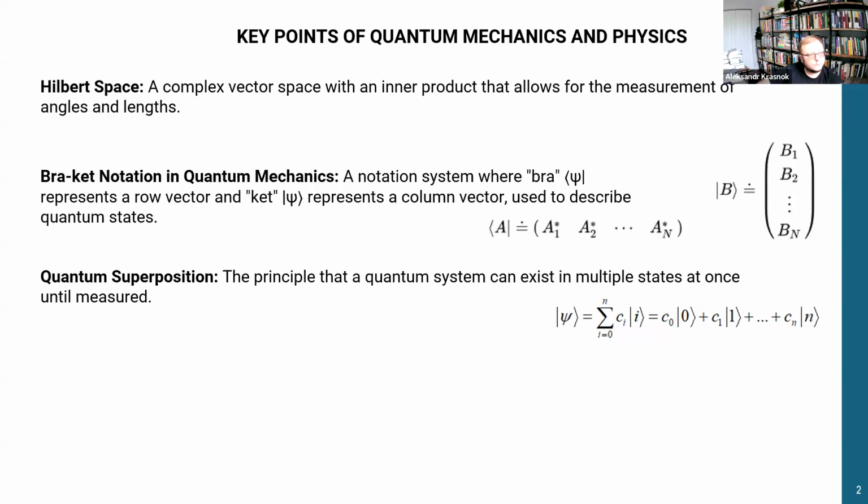Without using complex numbers, it's not possible to introduce quantum mechanics in a rigorous way. And that's interesting because complex analysis is traditionally introduced as an auxiliary math technique to solve some problems rather than real numbers.